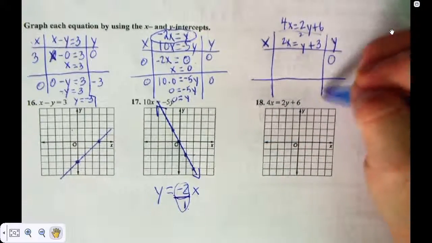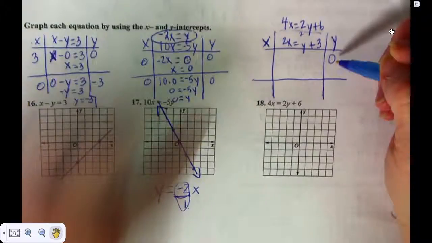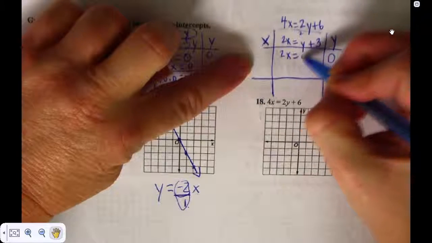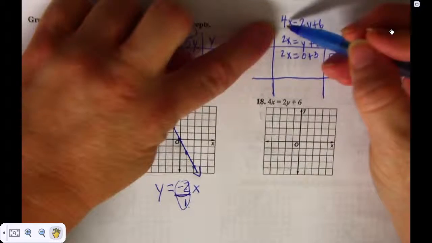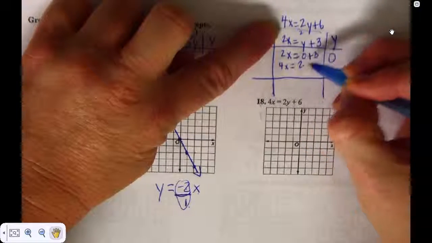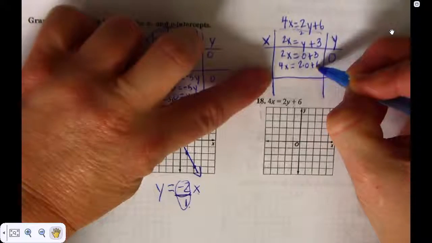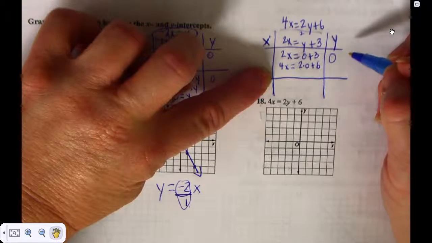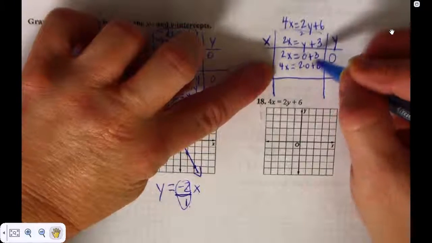So y is 0. Y is 0. So I'm going to put 2x equals 0 plus 3, or if you did 4x equals 2 times 0 plus 6. You're going to get the same thing we're getting. Okay?